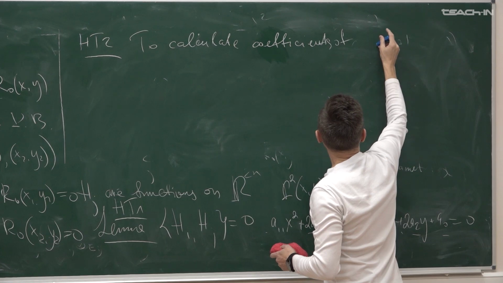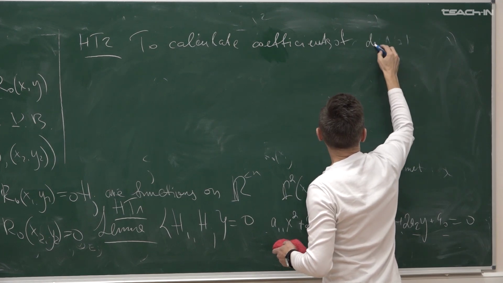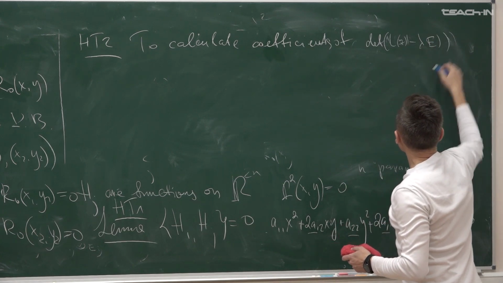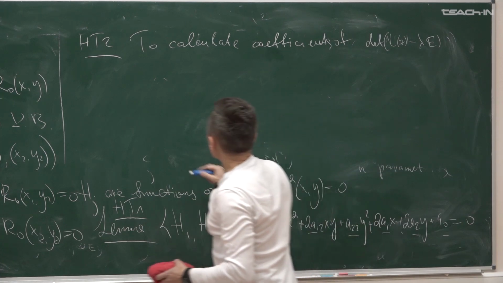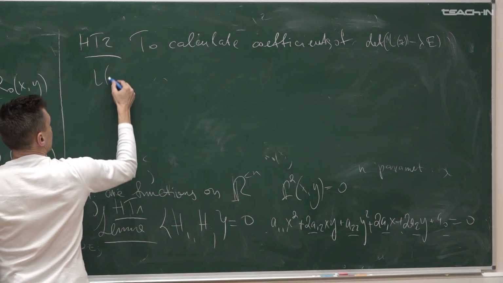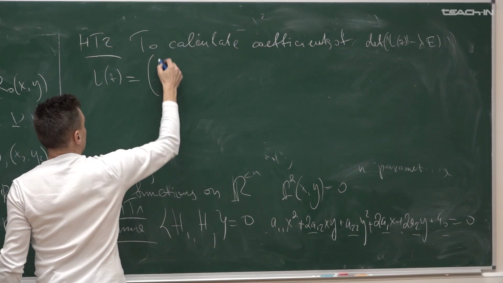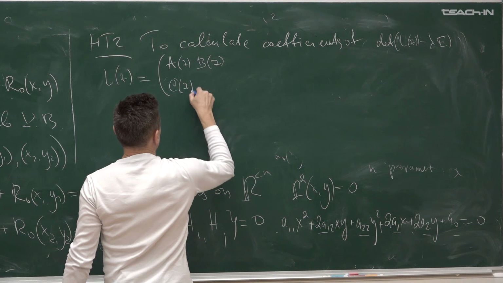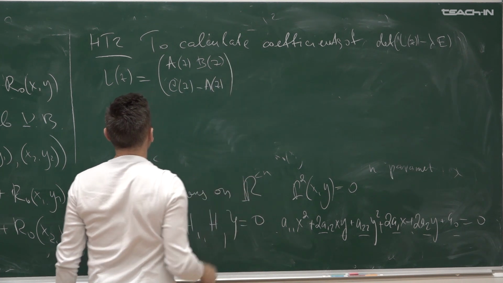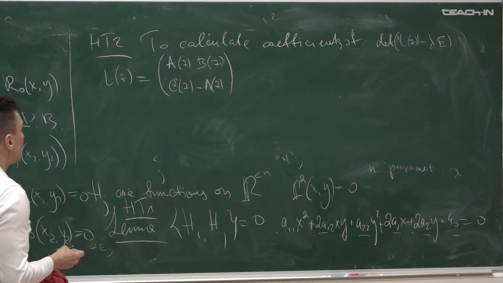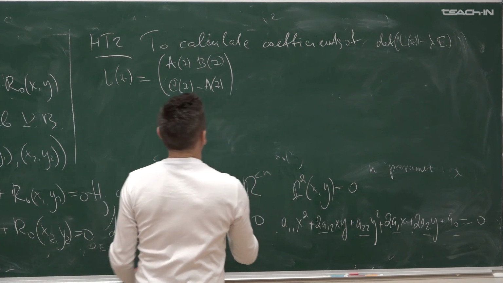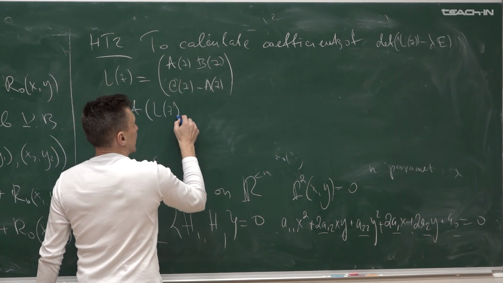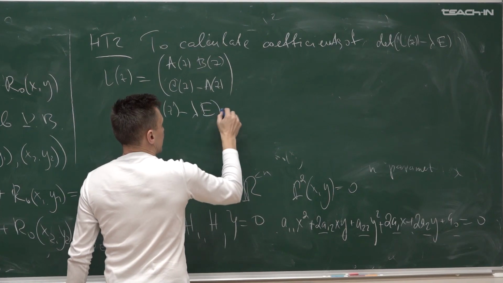of the characteristic polynomial of L(z) minus lambda e, where L(z) is our matrix with entries f(z), b(z), c(z), minus e(z). So the characteristic polynomial, as I have written, is something like this.